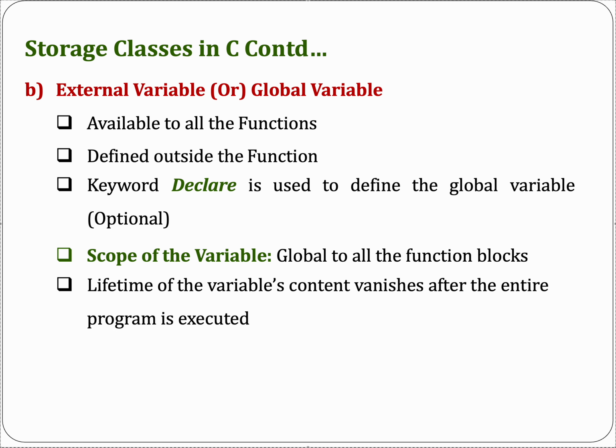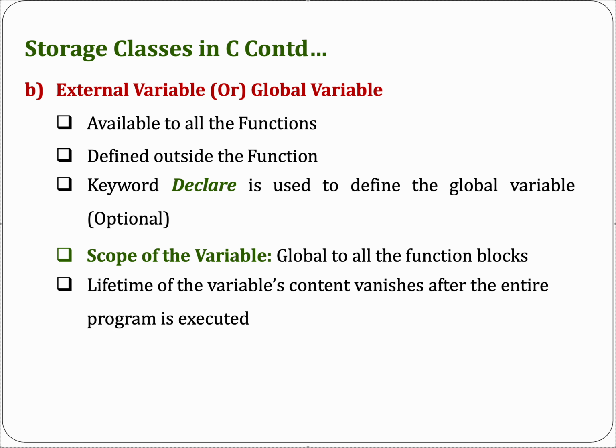Here there is another thing: we can use a keyword called extern, which can be placed before the data type of the variable. So extern, followed by the data type, then the variable name, and then the value of the variable. But the keyword is not necessary, it is optional.